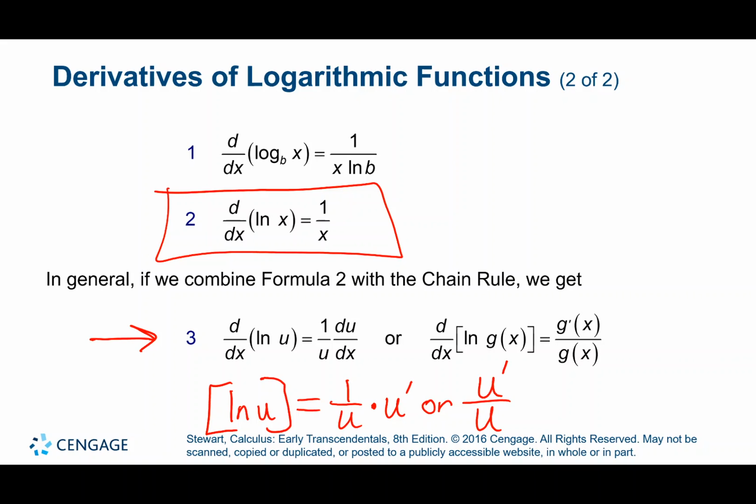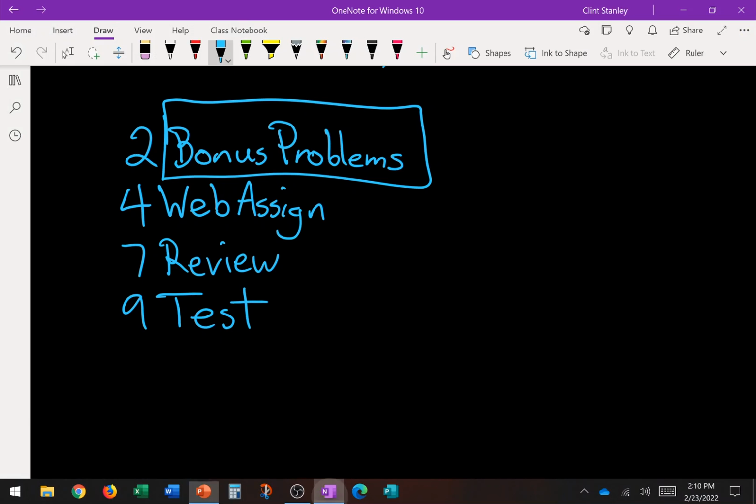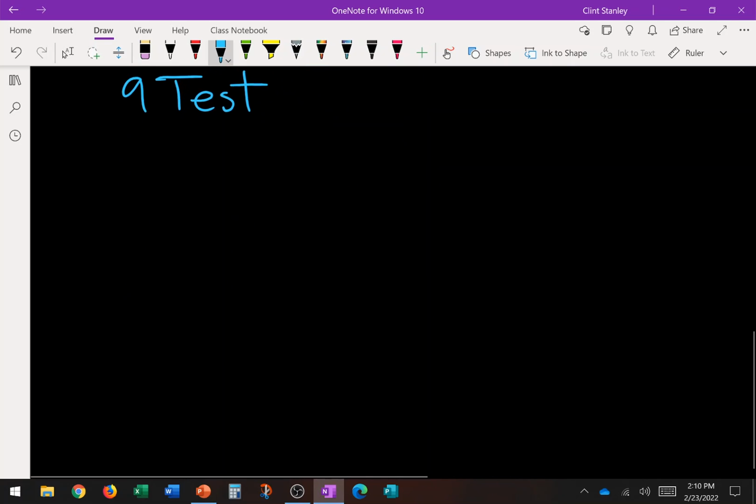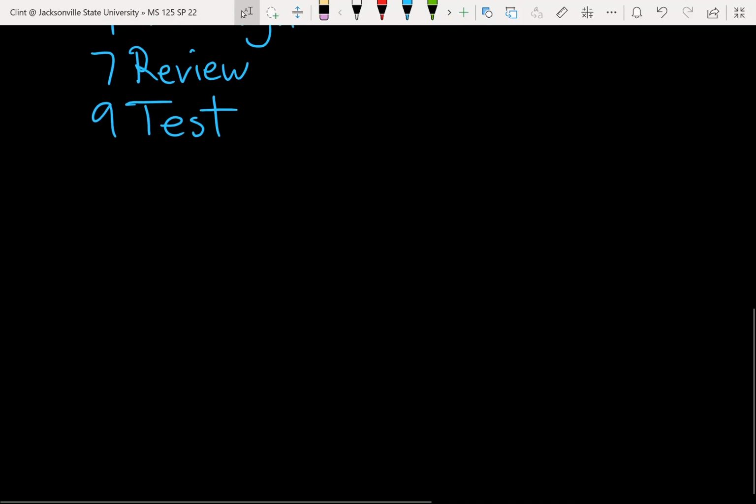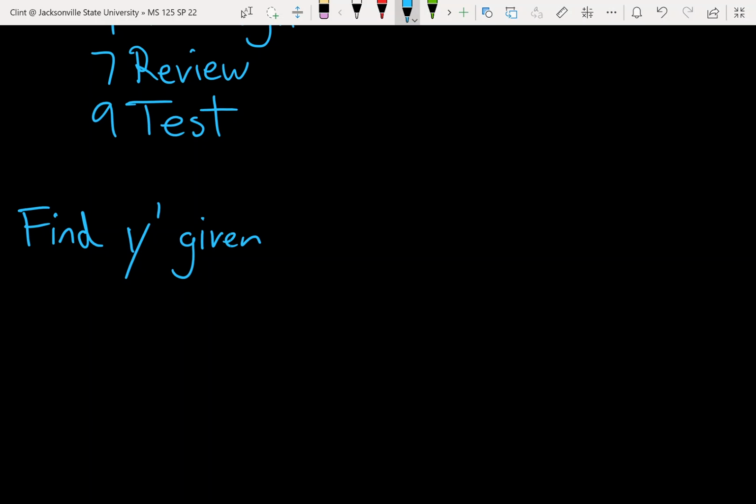So let's do a couple. That is the main takeaway in this section, just applying that rule. Let's see. We want to find y prime given y equals the natural log of x cubed plus 1.